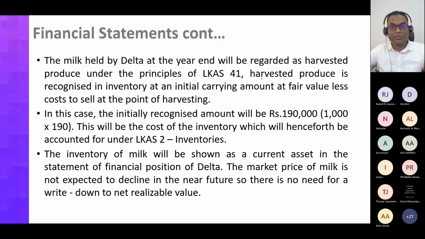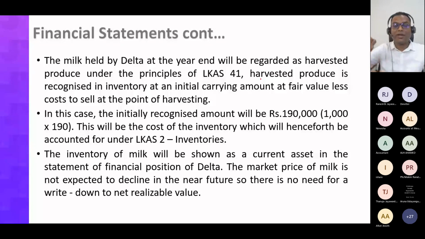This 190,000 rupees fair value less cost to sell would become the initial cost for the inventory valuation. So now this milk you are keeping for trading to sell, or else you might keep this milk to further process. Then it would become inventory. So 190,000 would become the deemed cost for the inventory valuation initially.